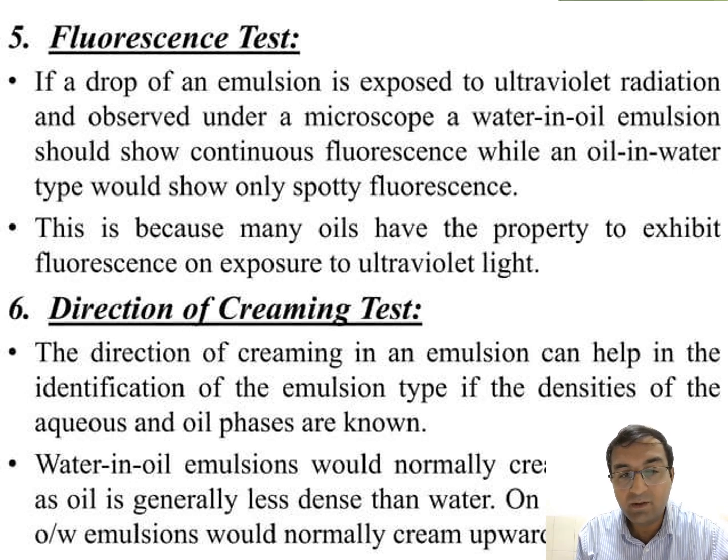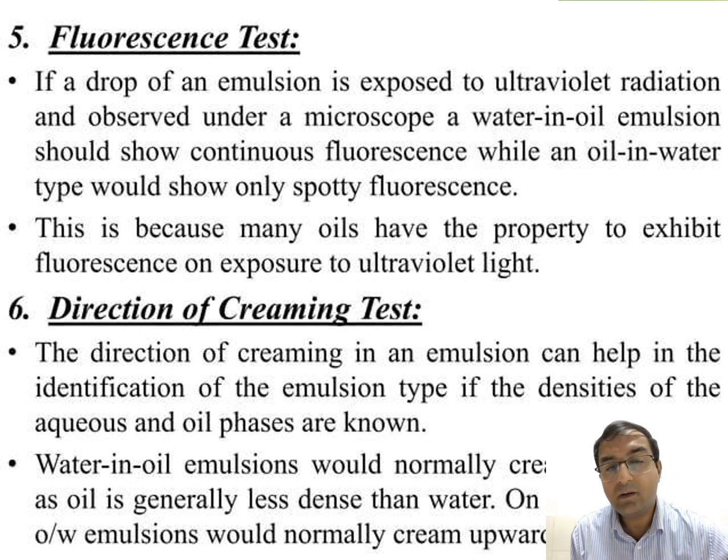Next is the direction of creaming test. You know, creaming is a physical instability of emulsions. This comes under the creaming test, and we have to perform it to identify the type of emulsion.